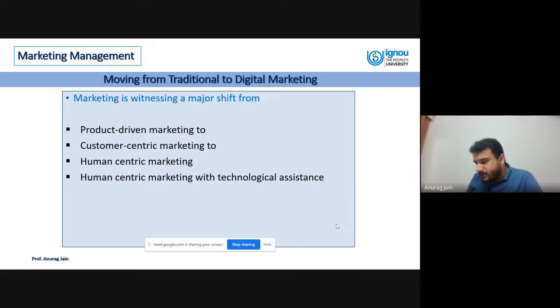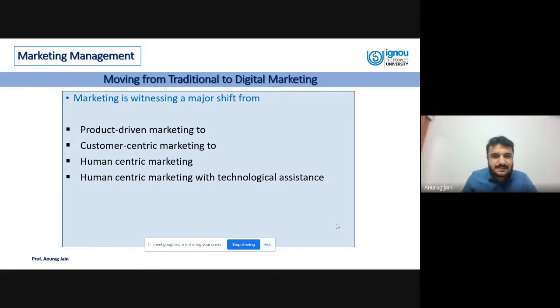But then marketers very soon realized that customers at the end of the day are humans, and whatever needs and wants we talk about are derived from human nature: the qualities of humans, the behavior they showcase, and the emotions they showcase when buying any product or service. So the focus shifted to human centric marketing. Human centric marketing is still happening, but nowadays technology is a major role player.